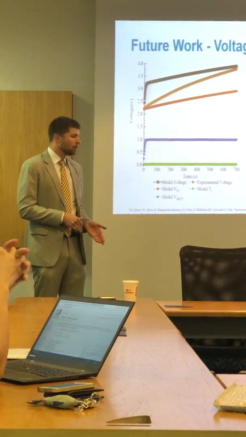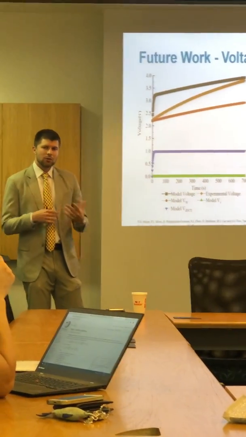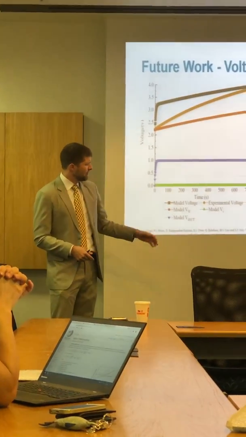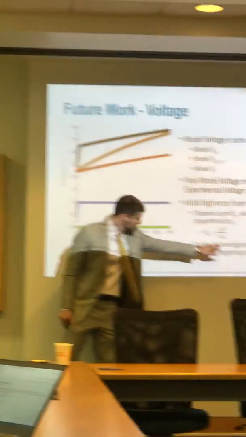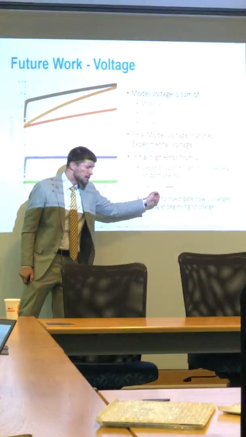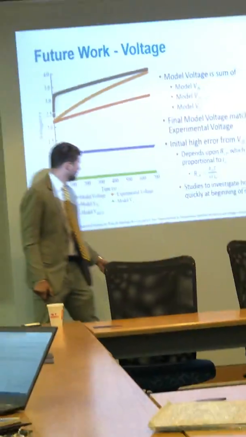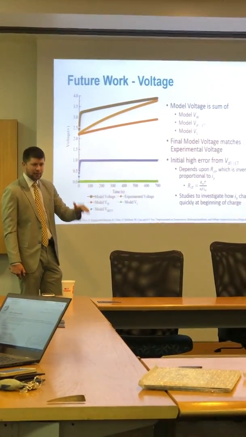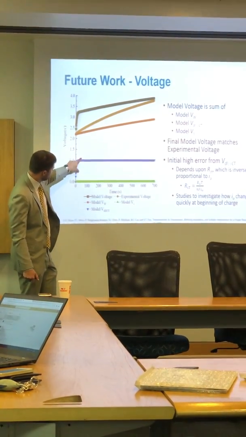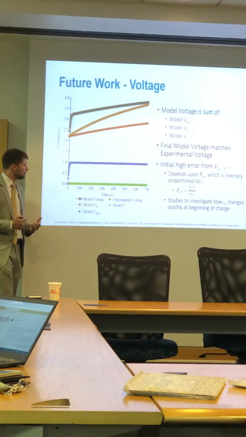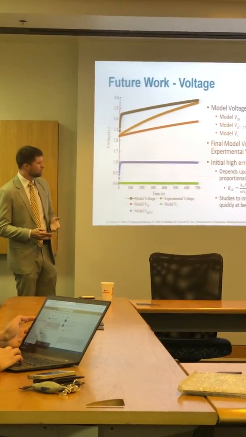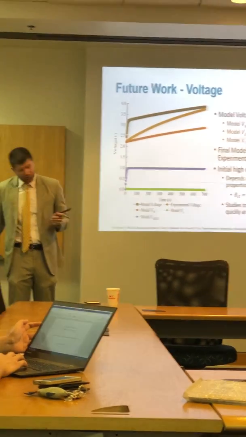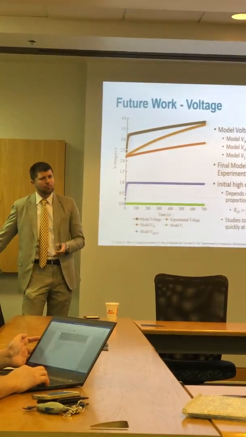So when you jump from 0 to your steady state, in those initial moments, it changes quite drastically. Let's say it starts at 0 here, that makes this value infinity. And so that's why the charge transfer resistance starts out very high and then eventually finds its steady state value, and therefore has this impact on the voltage drop across the double layer capacitor charge transfer resistor RC element. So I want to study exchange current a little bit more and be able to accurately model it at the very beginning of the charge cycle.